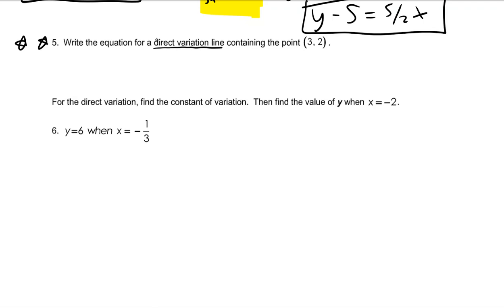So direct variation has a couple things that if you know about this line, it makes these no harder than the questions above. Direct variation is in the format y equals kx. K is just a different name for slope, and we often call it the constant of variation.